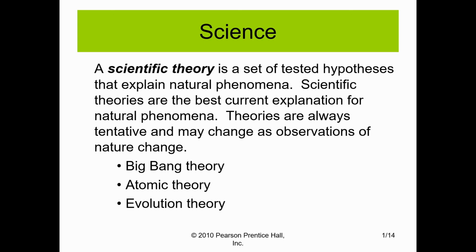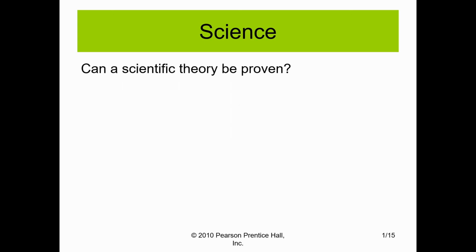And so all of the observations and data that we have all confirm these theories. It's all positive data towards them. We don't have any data that disproves these theories. So this brings up a follow-up question. Can a scientific theory be proven?